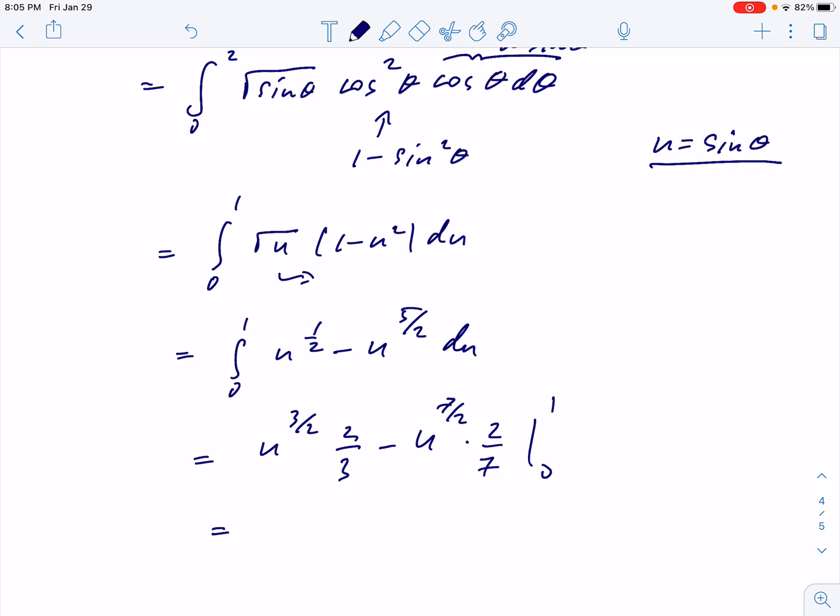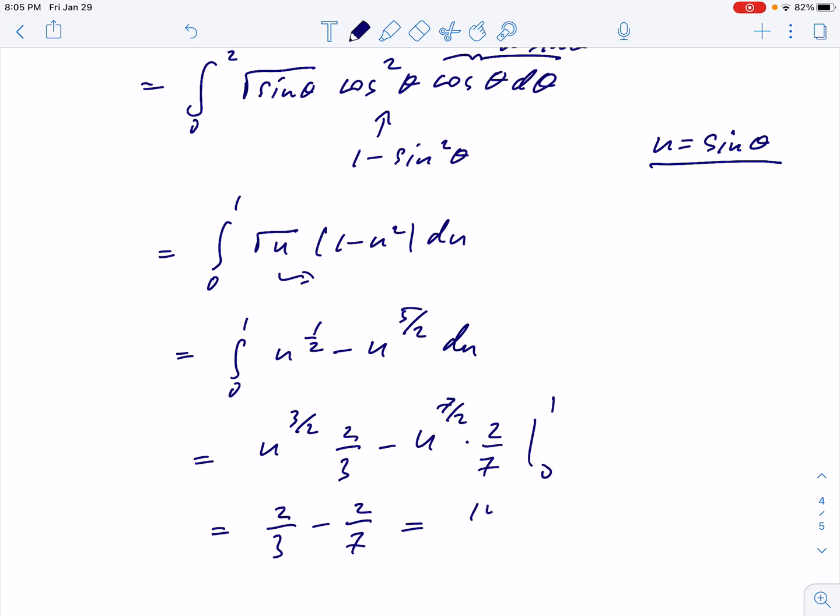Evaluating at 1 is easy, evaluating at 0 is easy, so this will be 2/3 minus 2/7. Now we have to remember, work with fractions. Common denominator is 21. So the first fraction is multiplied by 7, the second by 3.